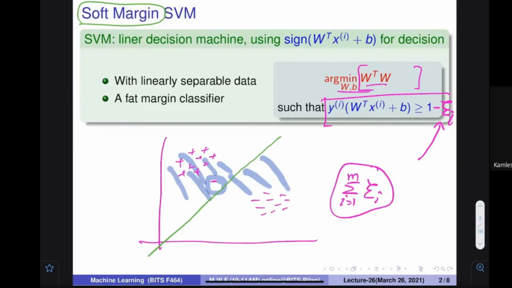So I should also minimize this particular quantity. So I can put it here that I want the argmin of this with the summation of slack i, i equal to 1 to m.